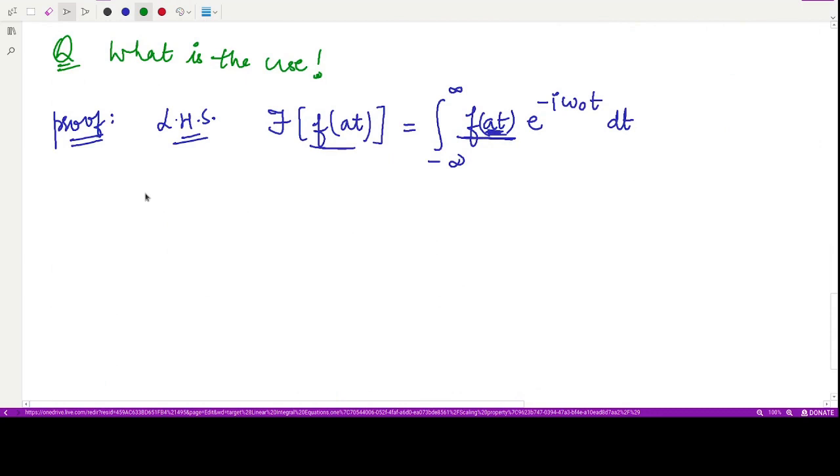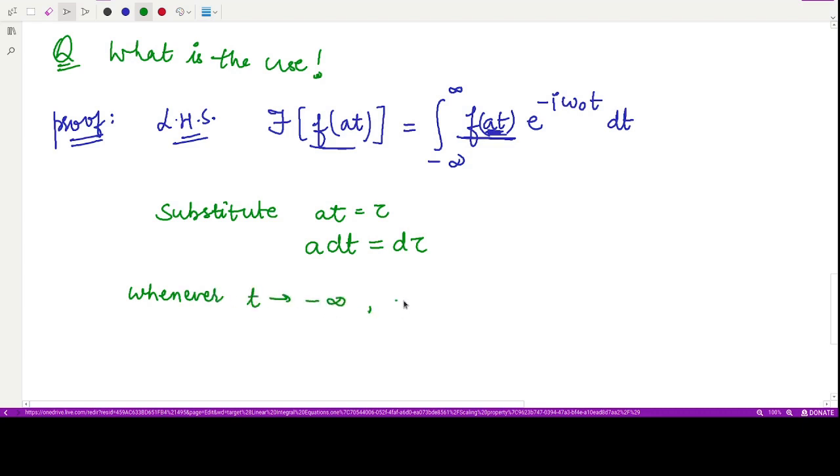What I can do here is substitute at as some other variable, say tau, so that when you differentiate it, a being constant, the derivative is only with respect to t. Moreover, whenever t approaches minus infinity, tau also approaches minus infinity according to this relation, and whenever t approaches plus infinity, tau also approaches plus infinity.